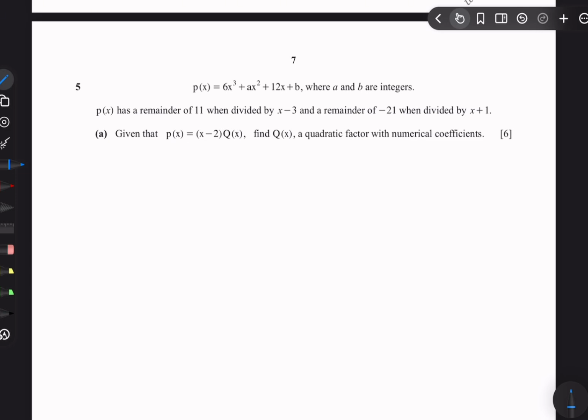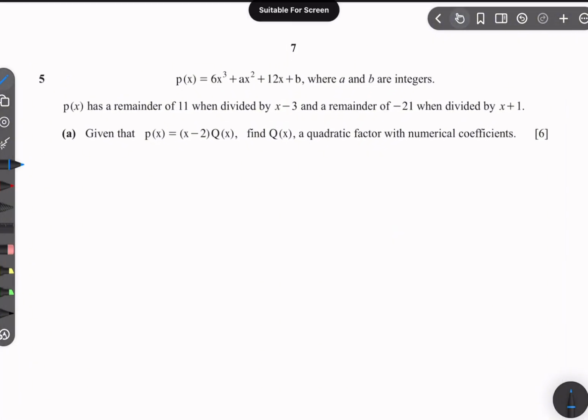Okay, so for this question, we can form two equations using the information given. Because p(x) has a remainder of 11 when divided by x minus 3, we know that when x is equal to 3, p(x) is equal to 11. So we can sub this into the equation.